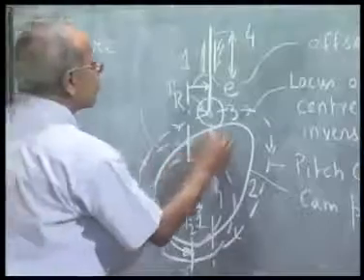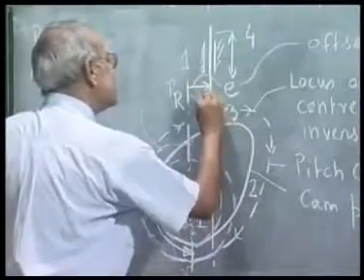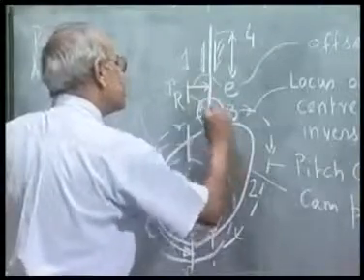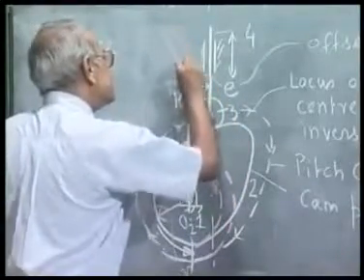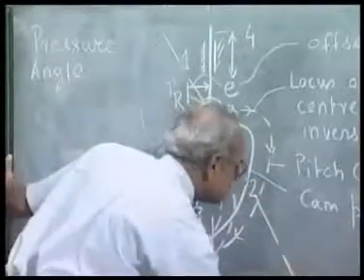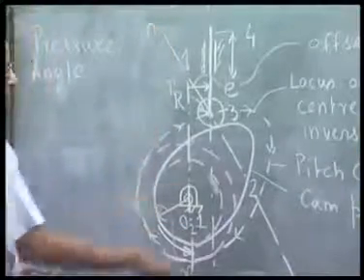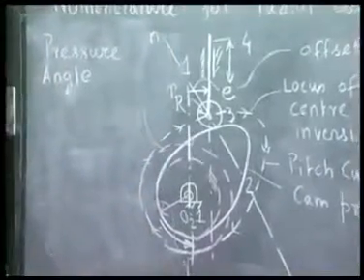You see the common normal between the roller and the cam is passing through the roller center and normal to the cam profile. So, this is the common normal between the roller and the cam profile.